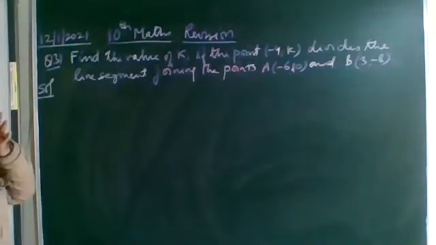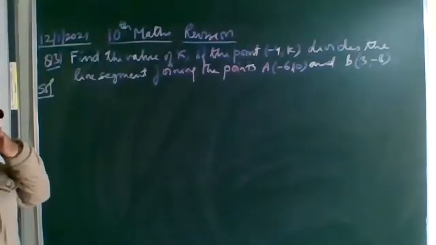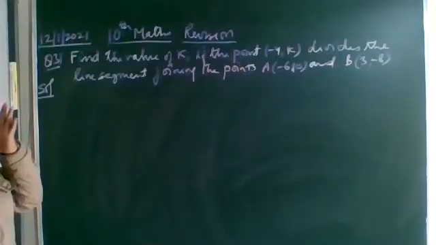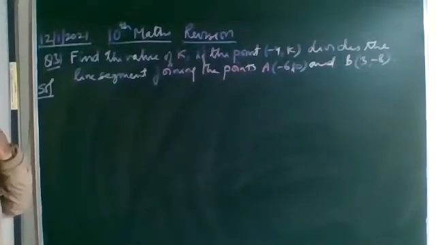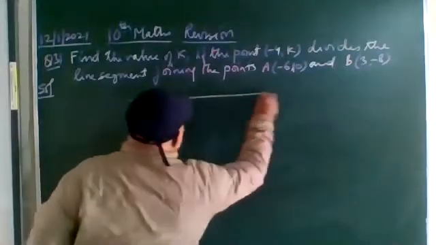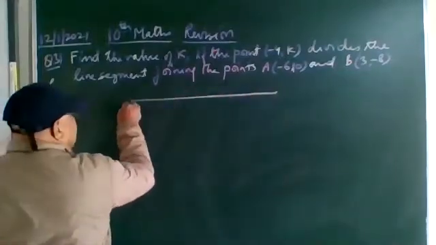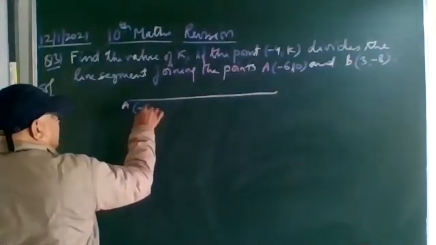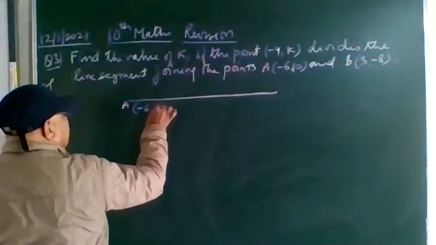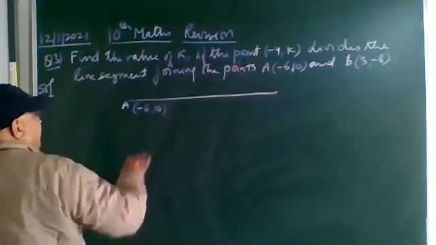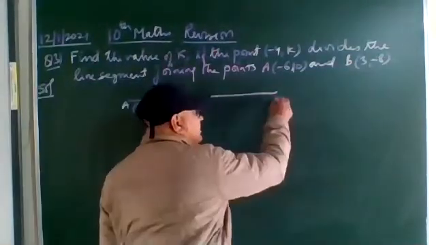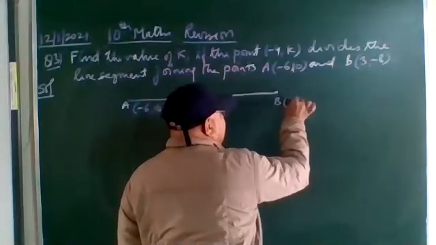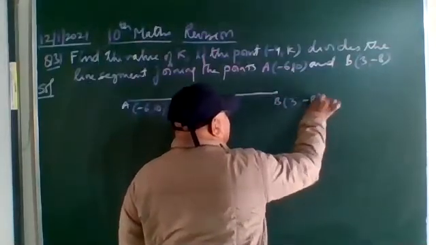So here, find the value of k. You have to find the value of k if the point divides the line segment. This is the line segment, and (-6, 10) is the coordinate of A, and B is the other end, (3, -8).